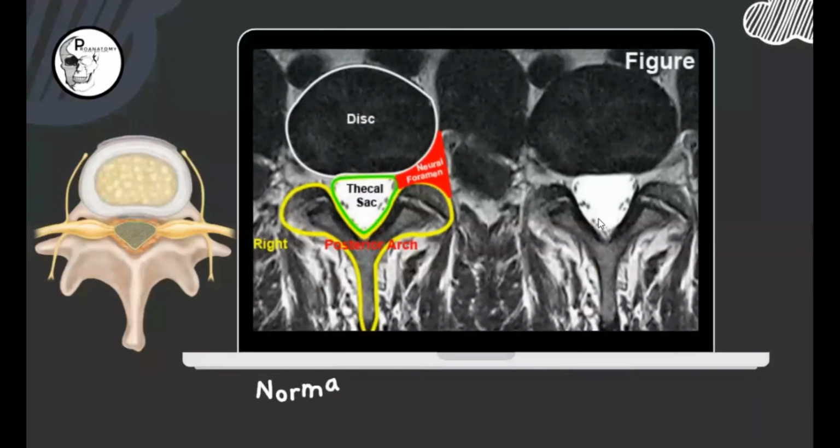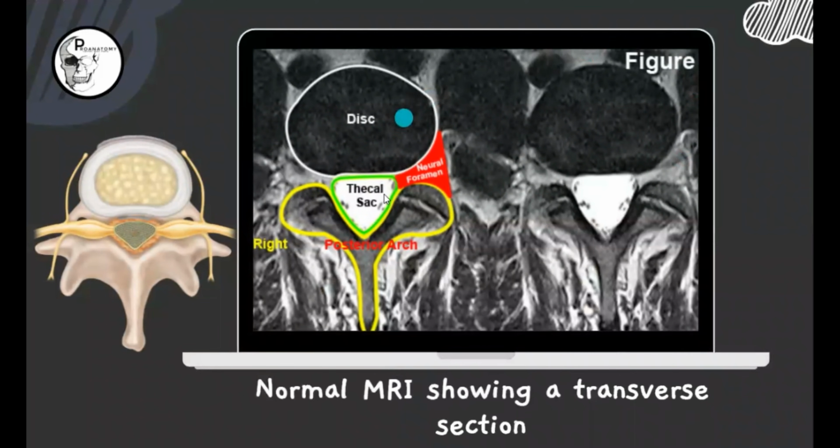Here we have a representation of the actual MRI of a normal section taken through the lumbar vertebrae. Here we can have a look at the disc, and just behind that we have the posterior arch or the neural arch.